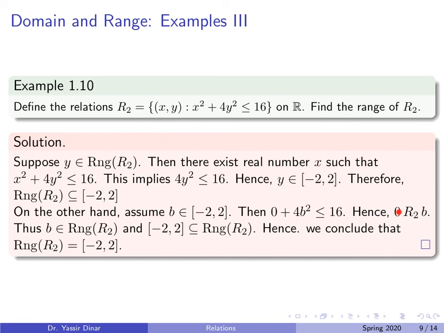That means 0 is related under R2 to my element b, and that means b is in the range of my relation R2. Hence, the interval is a subset of the range of my relation. And so we can conclude that the range of my relation R2 is the interval from -2 to 2.